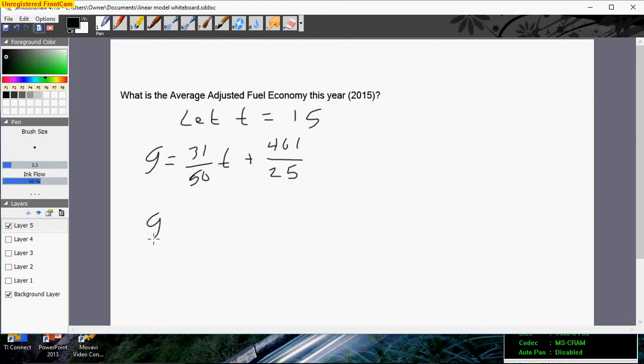And so we're going to go, the average adjusted fuel economy for 2015 is going to equal the slope times 15 plus 401 divided by 25. And let me make that clear over here so we're not confused as to what we're referring to.